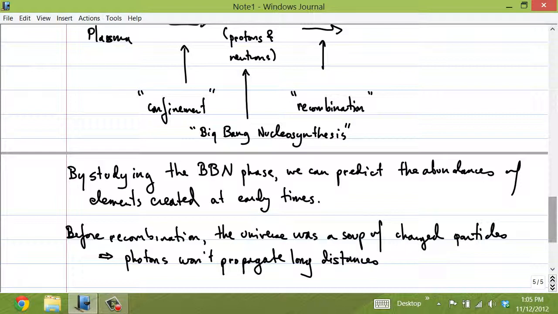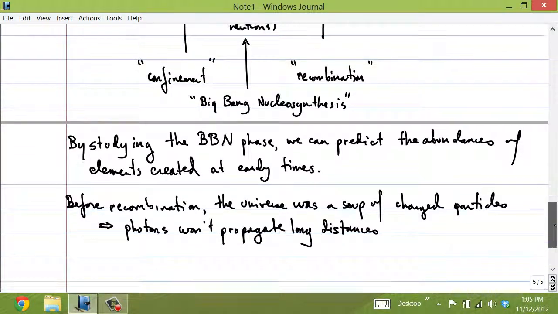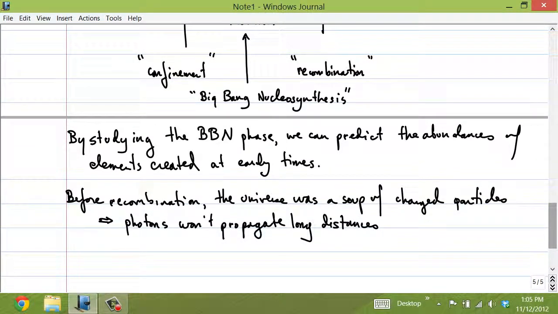So there were always photons in the universe. But before recombination, the universe was opaque in the sense that it was very hard for light to propagate long distances. So this recombination time is also the time when the universe goes from opaque to transparent.